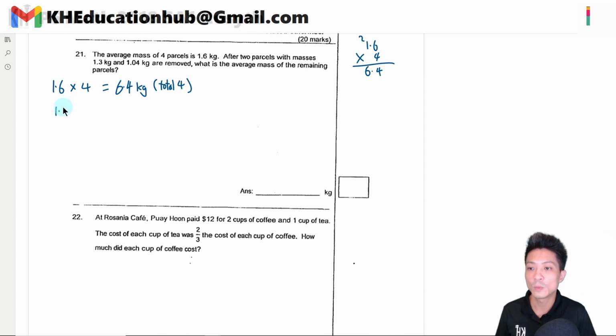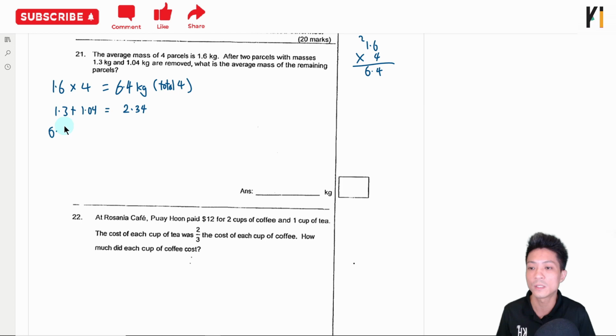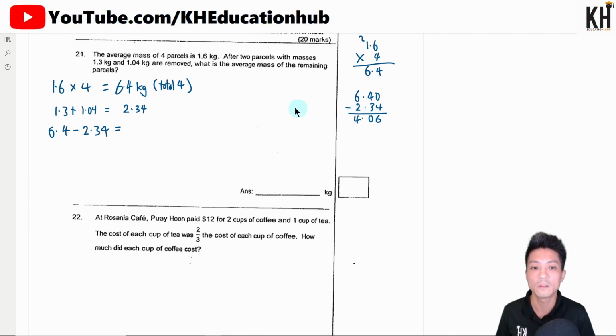So I'm gonna use 1.3 plus 1.04 first. This will give me 2.34. Then the next step will be 6.4 minus 2.34. This will give me 4.06.